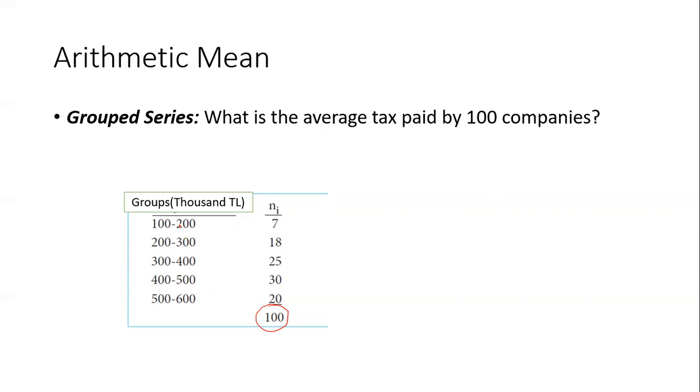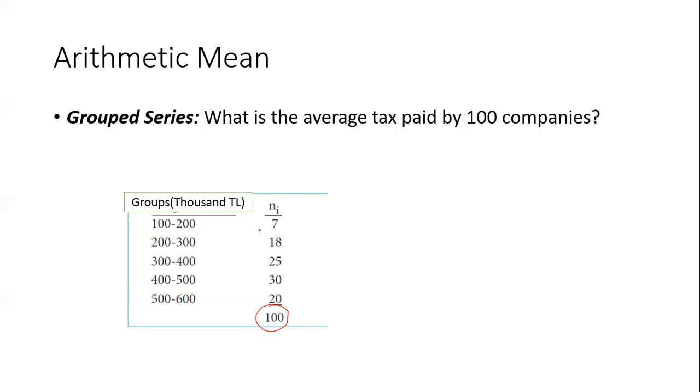There are seven companies whose taxes are between 100 and 200,000 Turkish liras, 18 companies whose taxes are between 200 and 300,000 Turkish liras, and so on and so forth. So the question is, what is the average tax paid by these 100 companies?